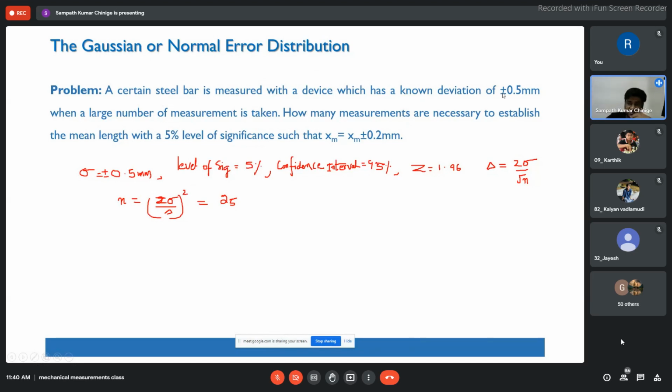It has a standard deviation of plus or minus 0.5 mm. When a large number of measurements is taken, how many measurements are necessary to establish the mean length with a 5% level of significance, such that xm is equivalent to xm plus or minus 0.2 mm?